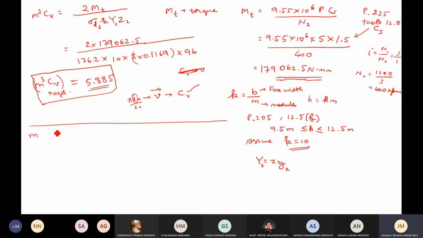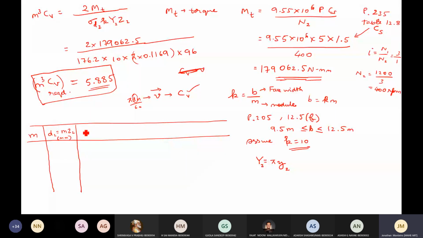First you are going to select a module M. Once M is done, then you have D2. How do you calculate D2? D2 is equal to M into Z2. This value must be in mm.